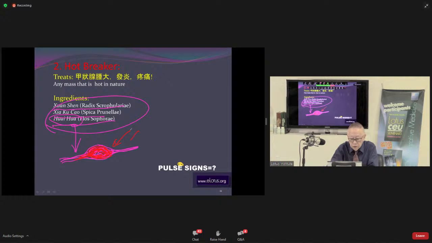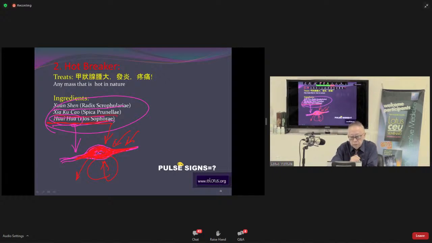So I use 槐花. This is the same condition as the hemorrhoid inside the anus. The swollen veins cause a lot of pain, and sometimes they break and bleed. So 槐花 is for that. You can use 槐花 to prevent some possible stroke from the breaking of a vessel in the head.